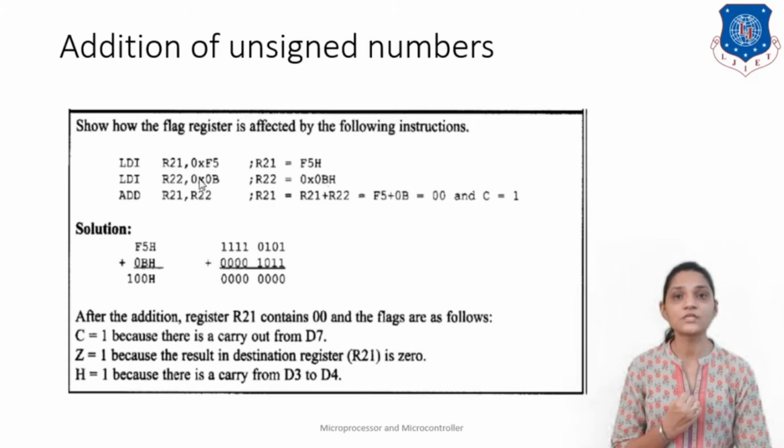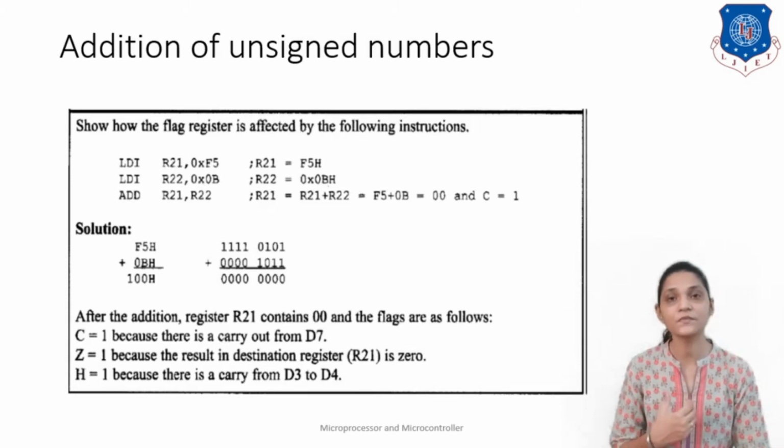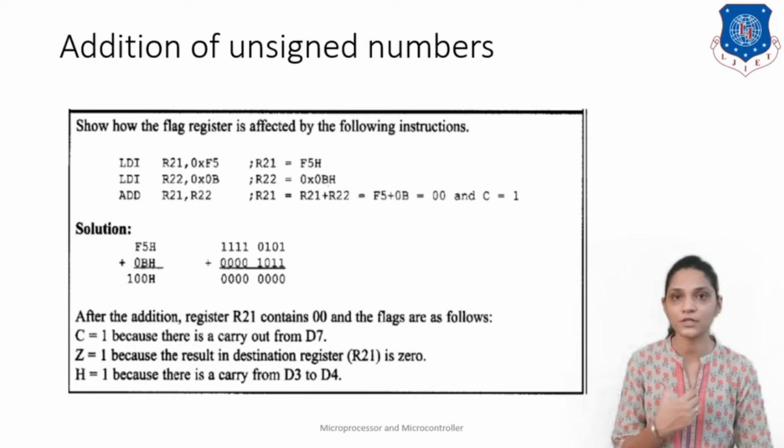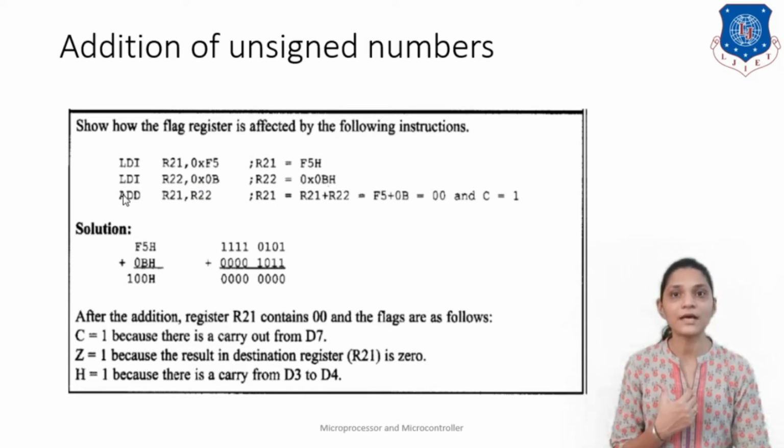First we will use the LDI instruction to load immediate data inside some registers, and then we will use the ADD instruction for those registers. Here we are loading content inside registers R21 and R22. For loading R21 we will use the instruction LDI R21, 0xF5.